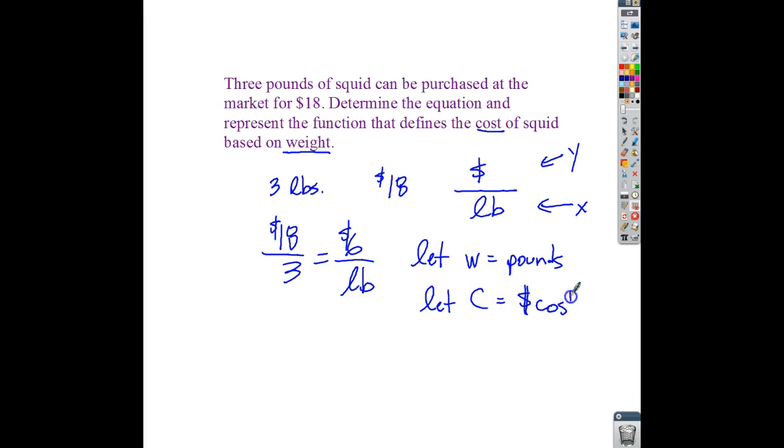So what does my equation look like? Cost is going to be equal to 6W. And maybe you wanted to use X and Y, so cost is the thing I'm measuring, so this would be Y, so Y is equal to 6X. Okay, good.